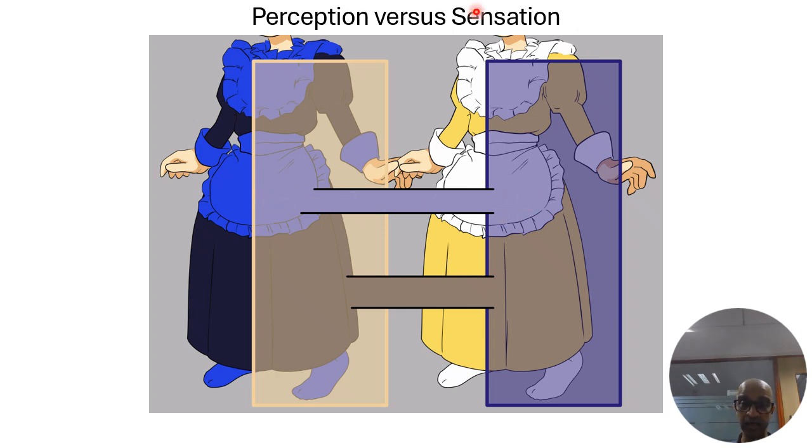Whereas if you're doing perception the way your visual system does, and this is the perceptual problem that your visual system needs to solve, regardless of the context in which you are standing, your visual system needs to be able to say, I am wearing a blue dress or I am wearing a white dress, and so on, or you can say black versus yellow in this particular case. Same thing: in this context, you see this as a black dress, in this context, you see this as a yellow dress.